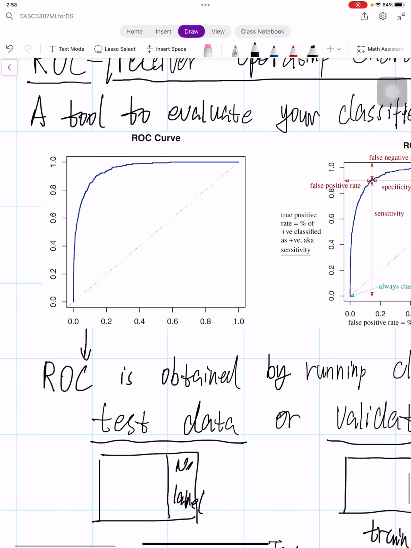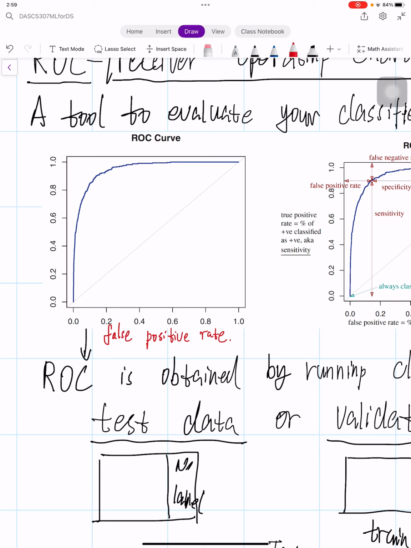So the ROC curve has two axes. First is the false positive rate, on the x-axis. Maybe I will write using different colors. False positive rate, which means what percent of the cases that are negative are wrongly classified as positive.